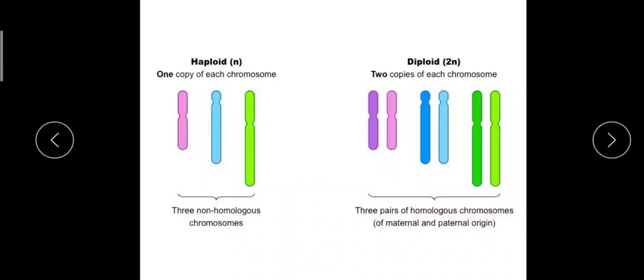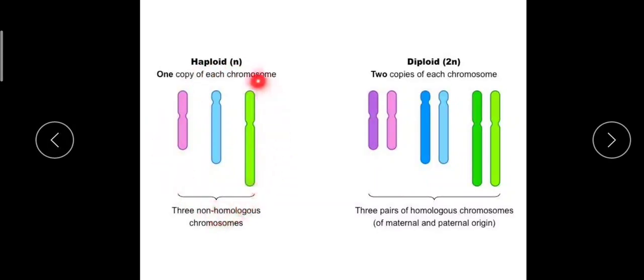And in this case, it represents the haploid condition. In a haploid set, only one of each pair will be found. So homologous chromosomes will not be present in pairs. Only one copy of each chromosome will be present, and this type of condition exists in the gametic cells. So that is the difference.